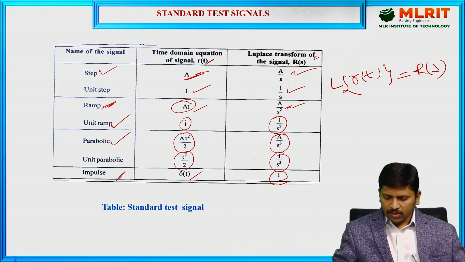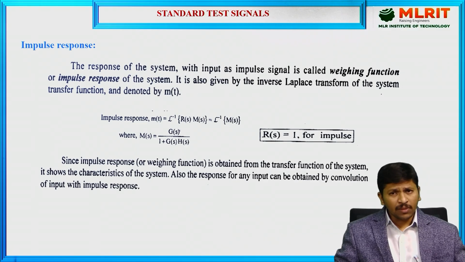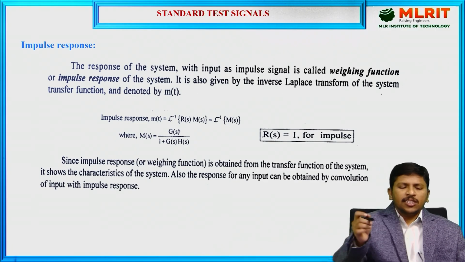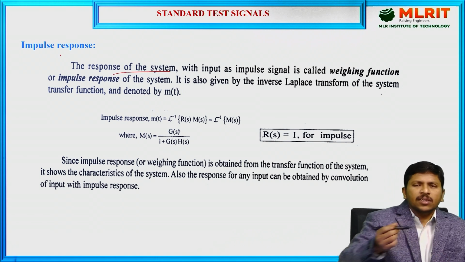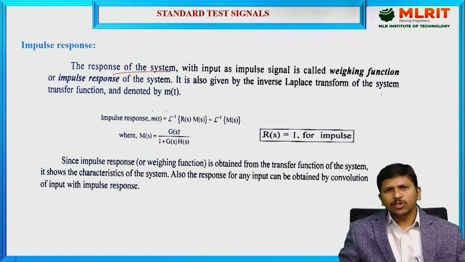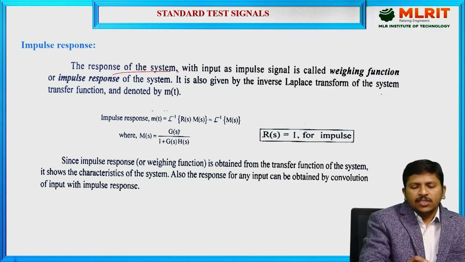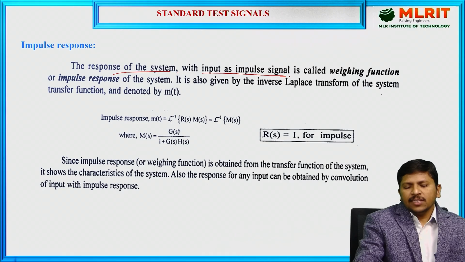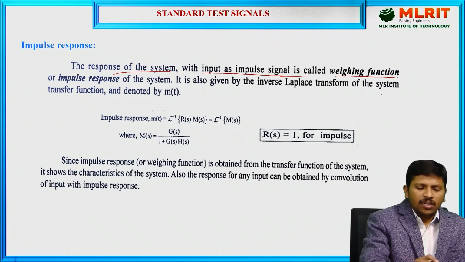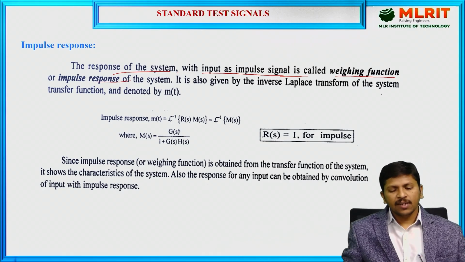Next, coming to the impulse response. The response of the system is nothing but the output. When we apply an impulse signal as the input to the system, we get some output. That output is the impulse response. The response of the system with input as an impulse signal is called the weighted function or impulse response of the system.